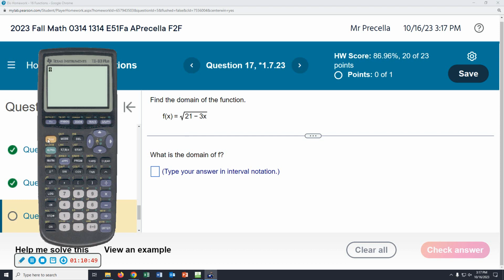If I punch in square root of negative 25, it gives me an error: non-real answer. What about the square root of 0? What times itself gives 0? 0 times 0. The square root of 0 is 0.